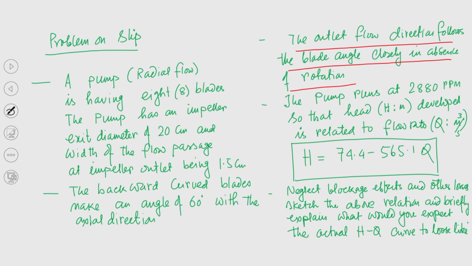The outlet flow direction follows blade angle in absence of rotation, but it is not the case that the pump will be in a static position. Pump should rotate, only then we will be able to develop head. So, if the pump starts rotating, then this will be violated. If this is violated, it is giving us an indication that we should consider the effect of slip.